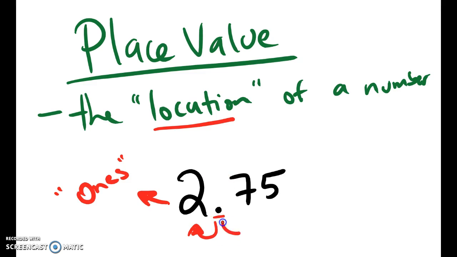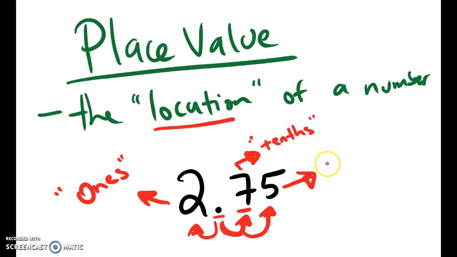If a number is one space to the right of the decimal, this number is said to be in the tenths place. If the number is 2 spaces to the right of the decimal, this number is said to be in the hundredths place.